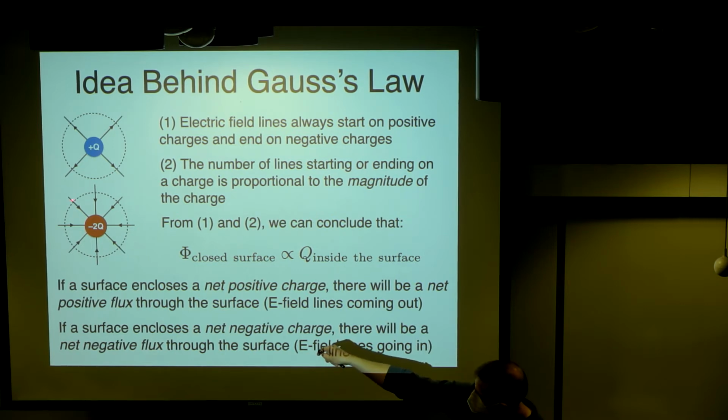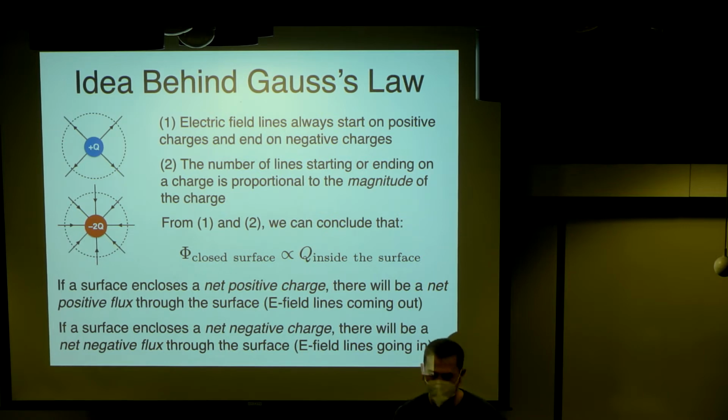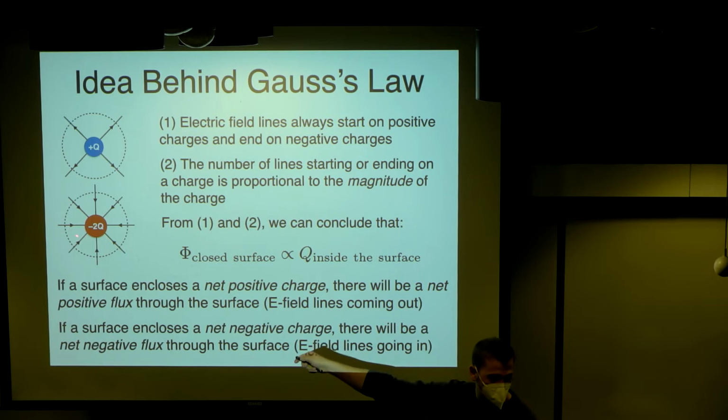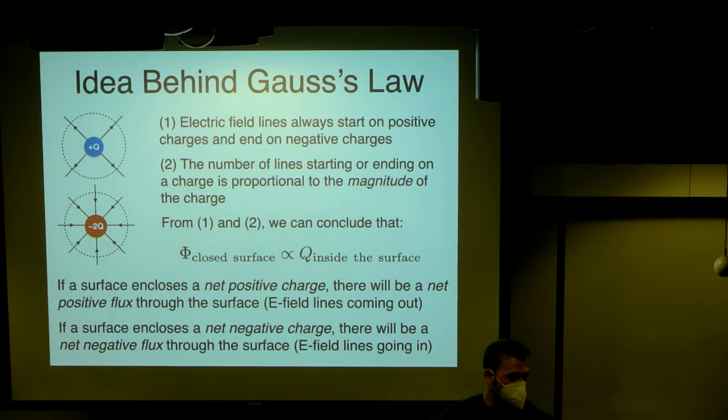It's negative flux because the field lines are coming in, going towards the negative charge. So when I'm surrounding a charge that's positive, there's positive flux, and when I'm surrounding a charge which is negative, there's negative flux. But remember, the more charge I have in terms of just magnitude, the more field lines I'm going to have. And the more field lines I have, the more flux I'm going to have. So that's why this works out.